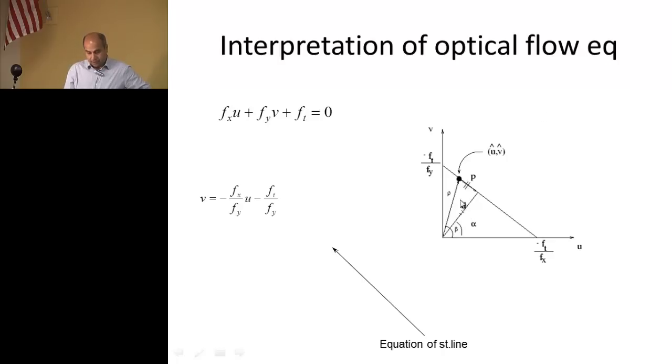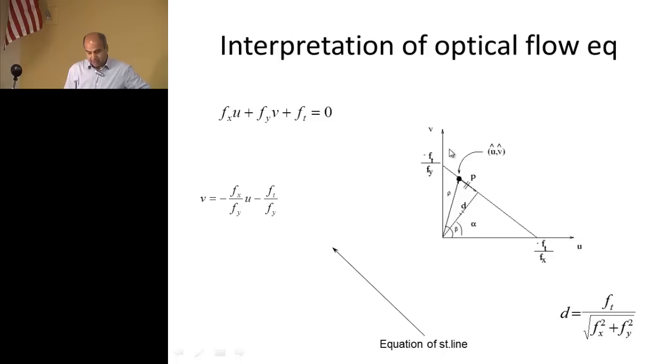Then we can look at this vector, and we can divide it into two parts. One is parallel to the line, and the other is normal, which is d. If you take these two vectors, you get this vector. That's a vector addition. What you can show is that this normal vector, which is d, can be given by this, because this is simple trigonometry.